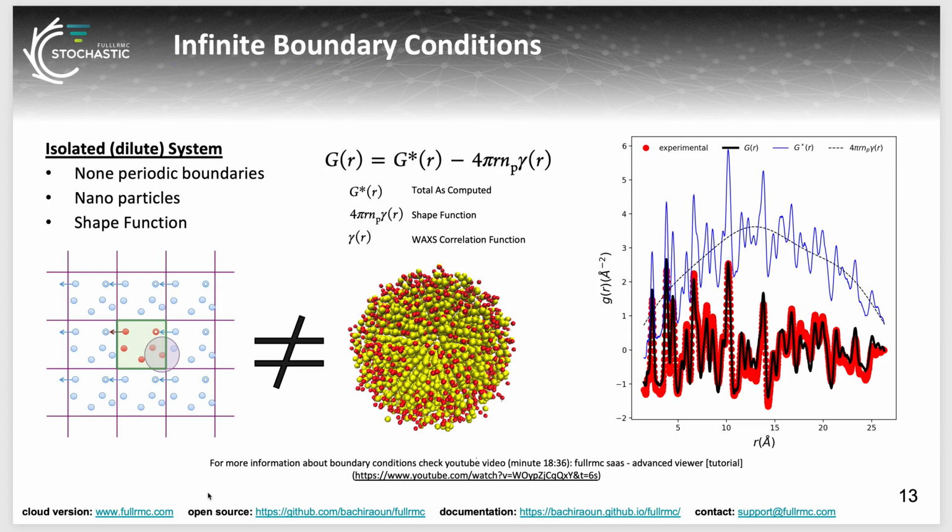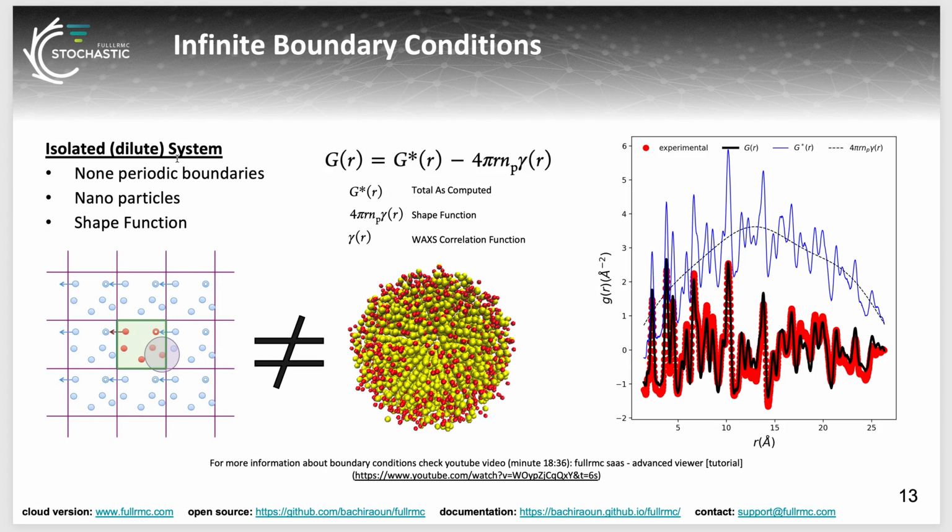So how does fullRMC take care of that? fullRMC is able to simulate both scenarios. The continuum is simulated by the so-called periodic boundary conditions. The isolated state is simulated by so-called infinite boundary conditions.